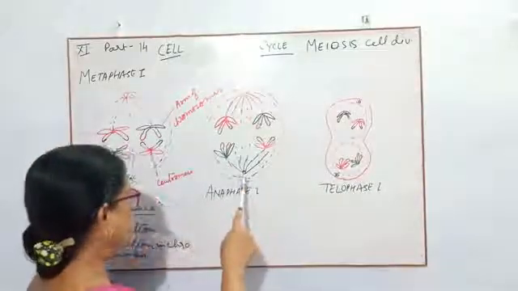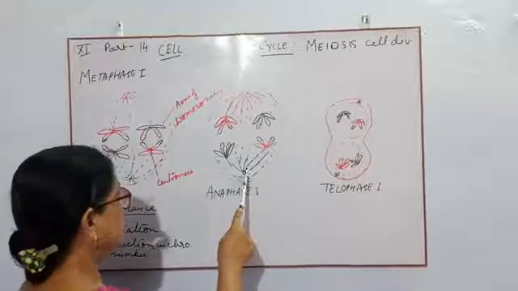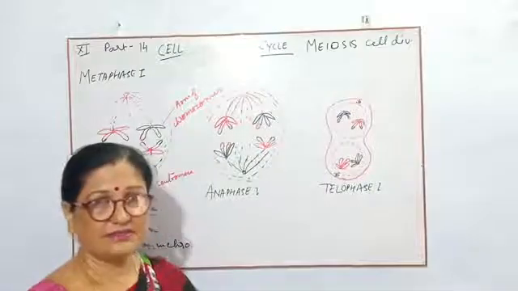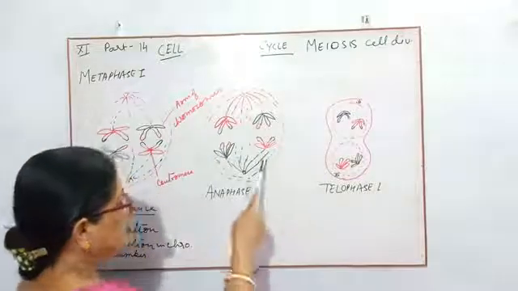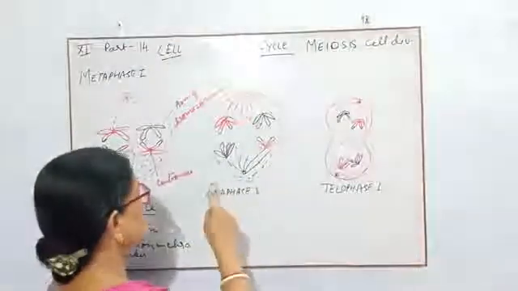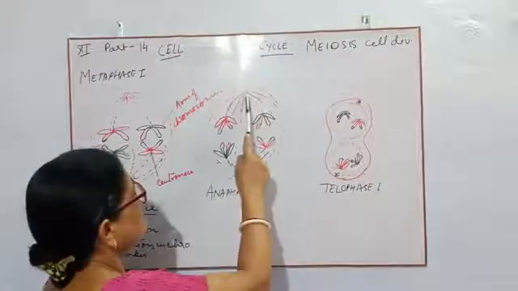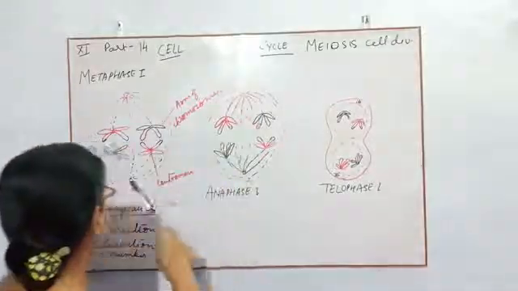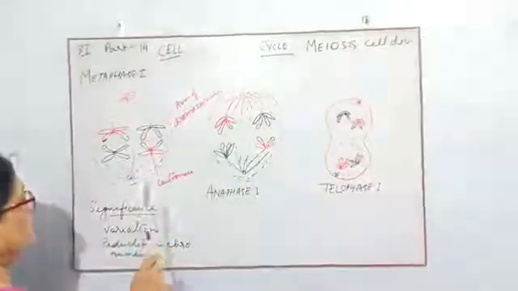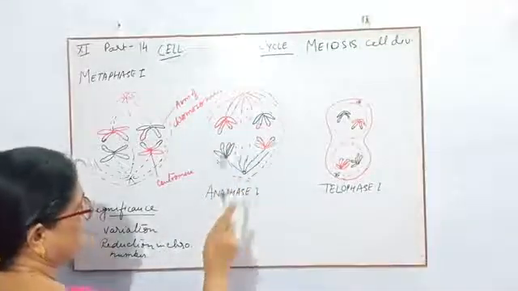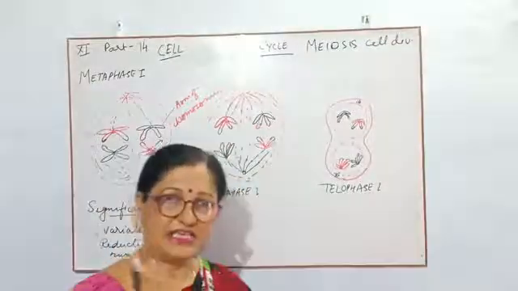Slowly the centrosome also drags its astral rays. Due to that pulling force and that repulsive force, these chromosomes go towards different poles. If the cell had 4 chromosomes, now two chromosomes become separated towards each pole.